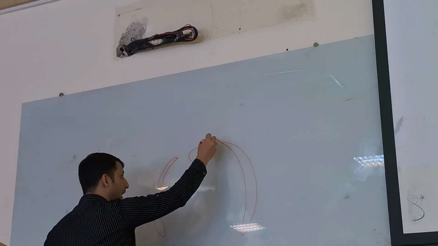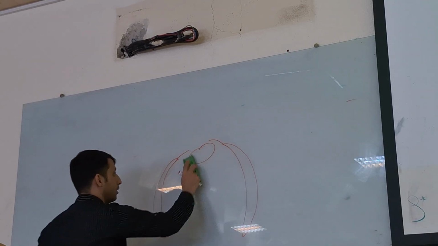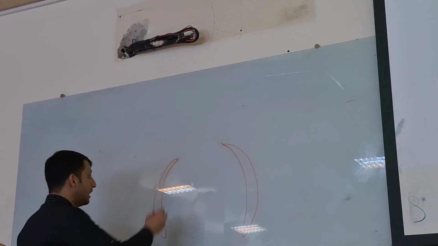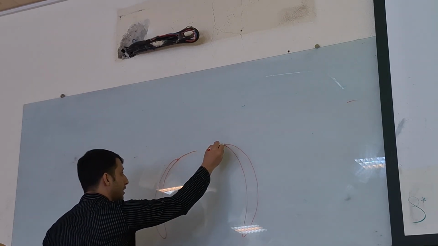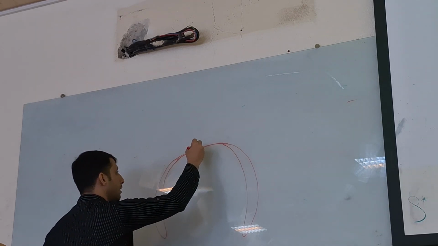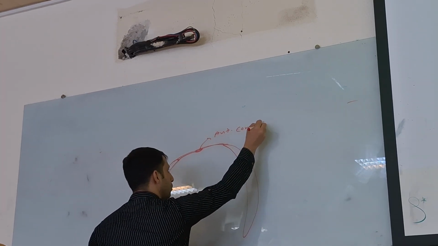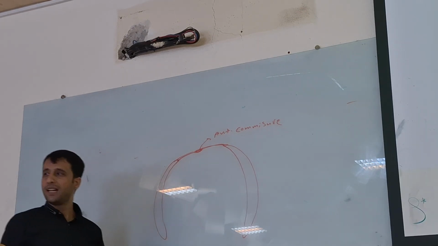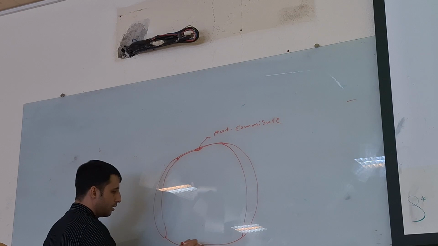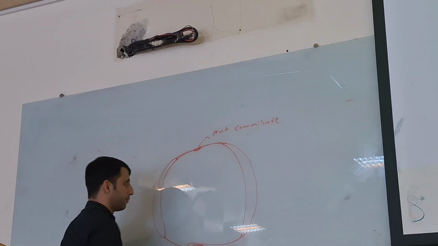Labia majora anteriorly, I cut the mons pubis, are attached together and in this area make the anterior commissure, and also posteriorly attached together and make the posterior commissure.